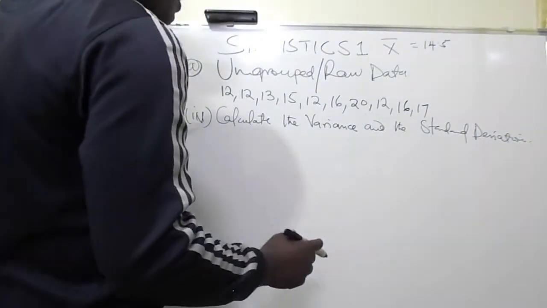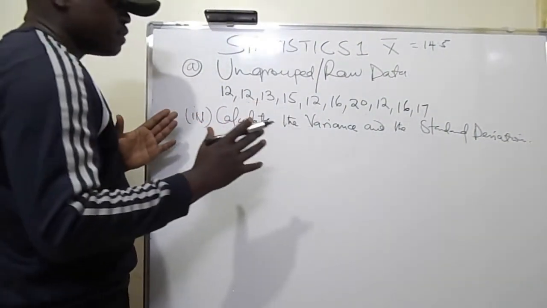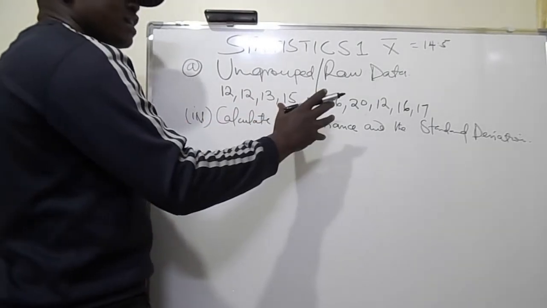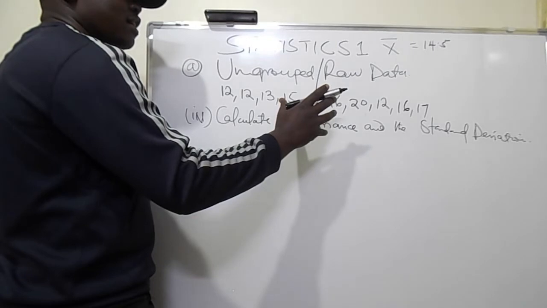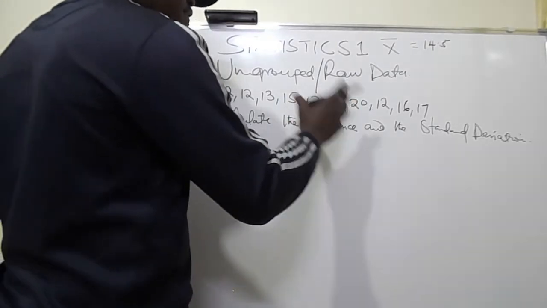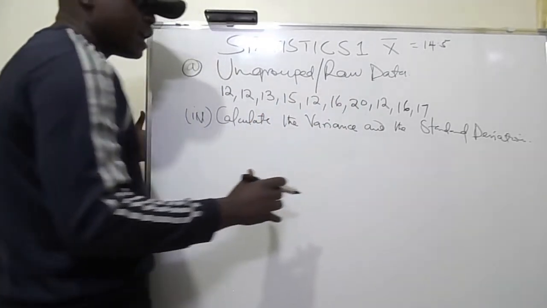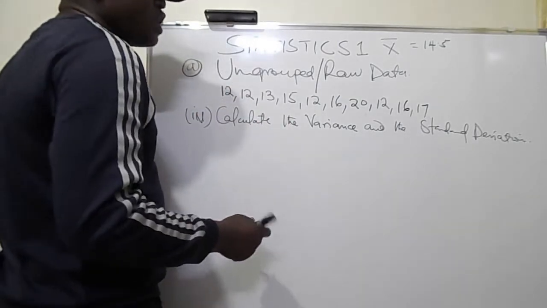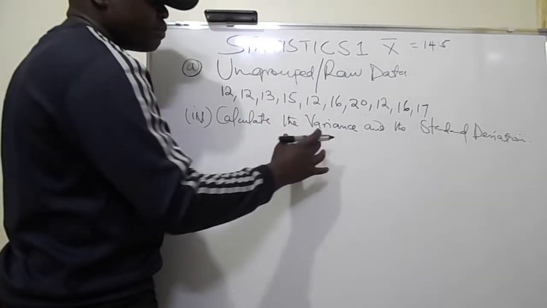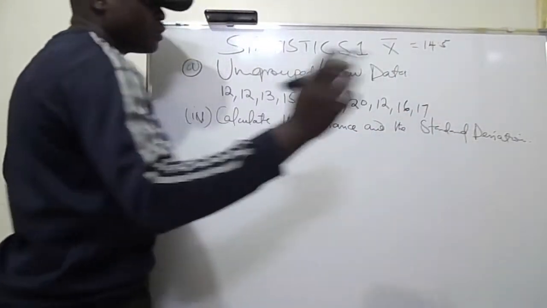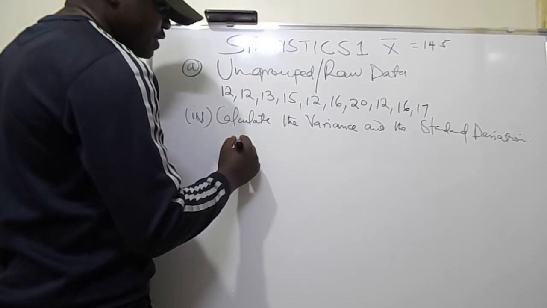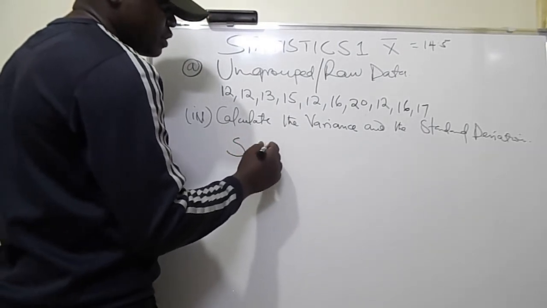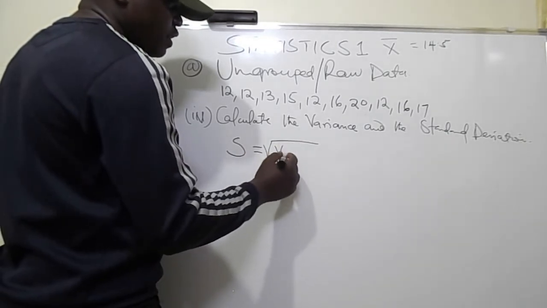All right? So this is the most complex part of this statistical calculation, but then I'm here to make it as simple as possible. So the relationship between variance and standard deviation is always this. Standard deviation is equivalent to the square root of the variance.